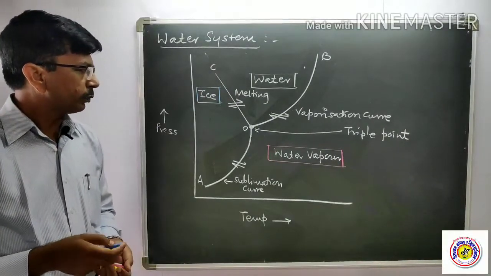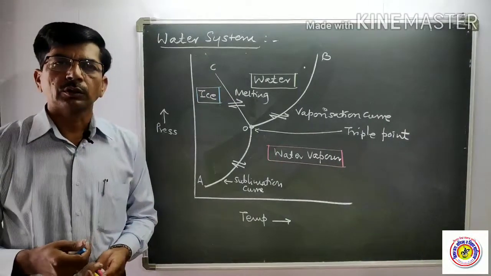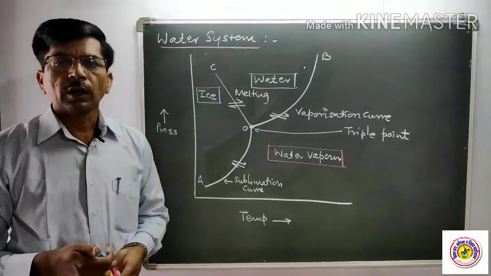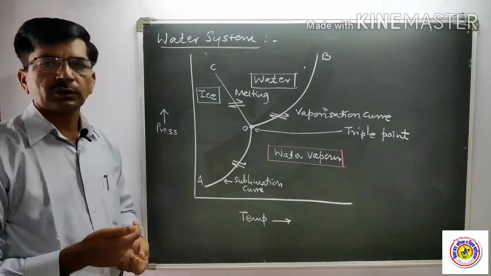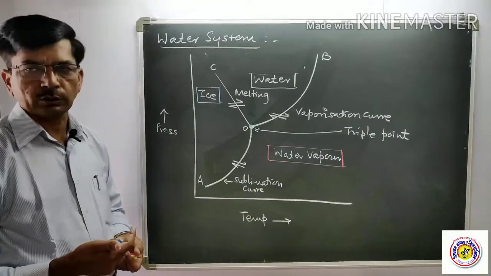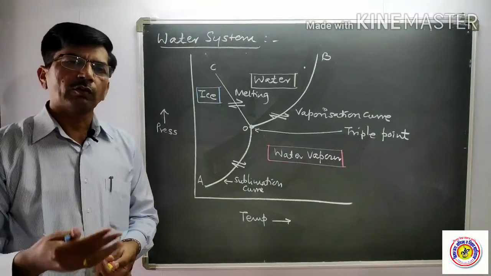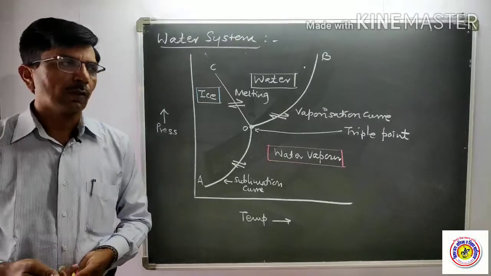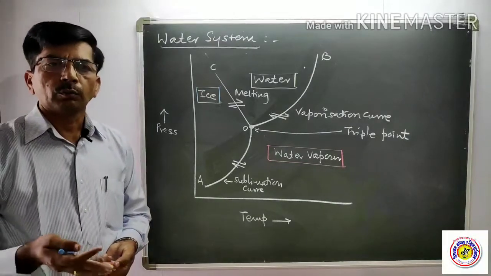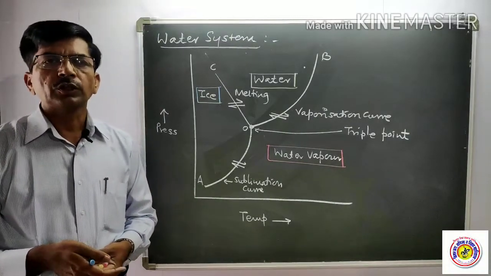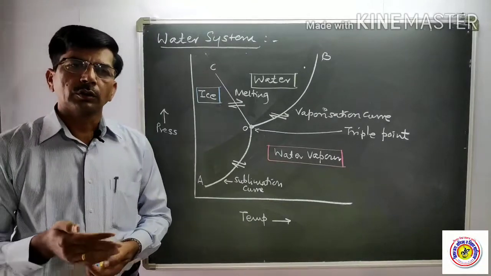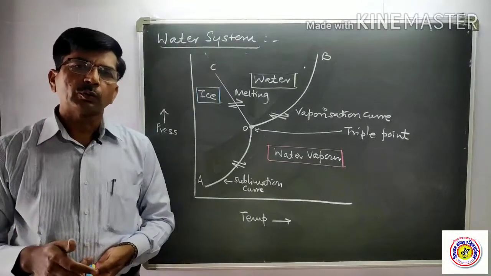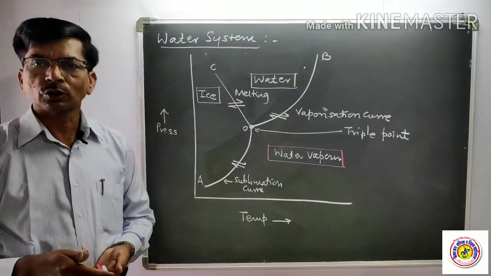Now we will see the equilibria between these. We know that if we heat ice, we get liquid water, and if we heat water, we get water vapors. But the boiling point of water depends upon the pressure also, because we normally say that the boiling point of water is 100 degrees Celsius, but this is not true.